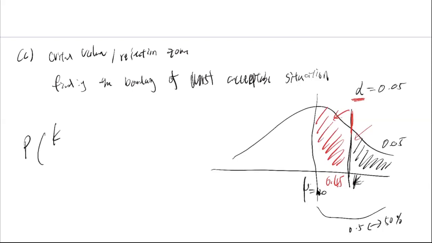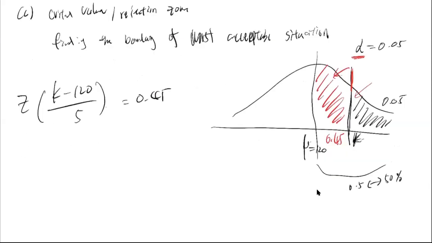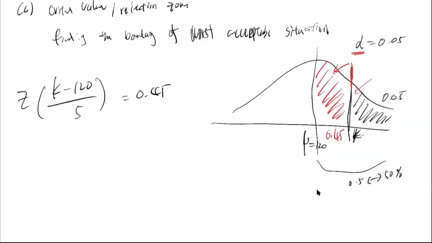So essentially, we are finding that the z-score of k, (k minus 120) over 5, is standardizing the curve.